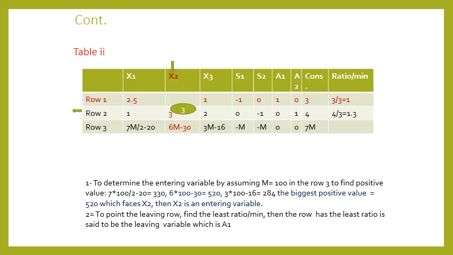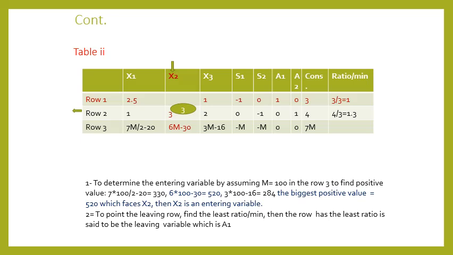Divide the column of constants over the column of x2 and find the least result of this operation. Then point where the least result has happened.